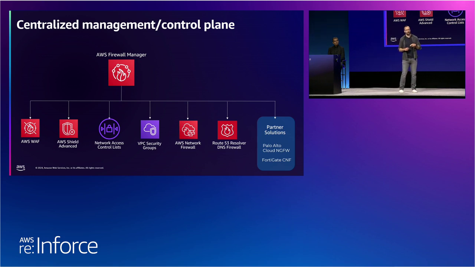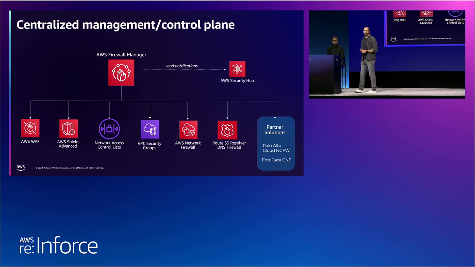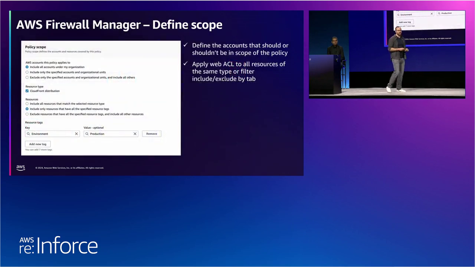So two partners, Palo Alto and Fortinet, have managed firewall offerings where they manage the gateway load balancer for you and the appliances for you. So it's closer to the network firewall model. And you can manage those also through the Firewall Manager. And then any issues, any challenges that the Firewall Manager detects, you can send notifications to Security Hub, but you can also take actions. So let's look at an example.